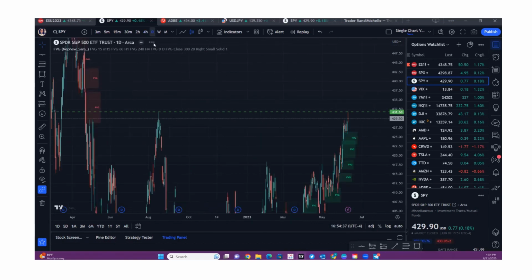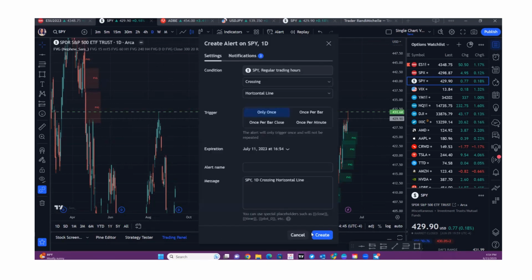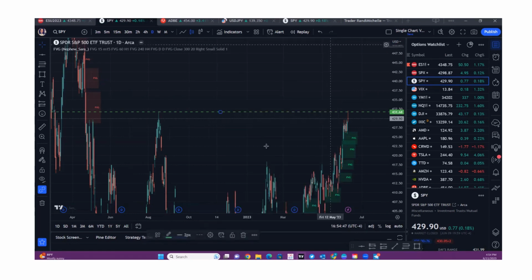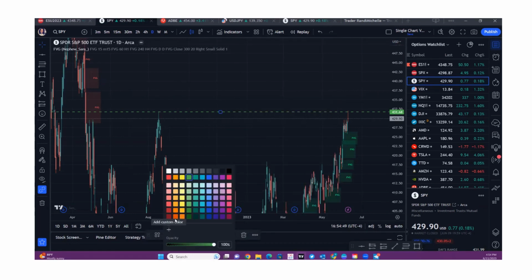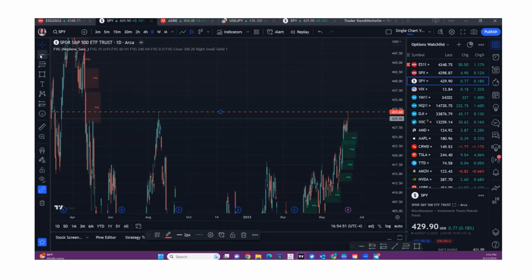So I marked that area. I marked the top. I know it's in the fair value gap. We can now mark the top of the fair value gap as well as a level because we definitely know when it fills there. I want to change the color. We definitely know that this is going to be an area of resistance up here.